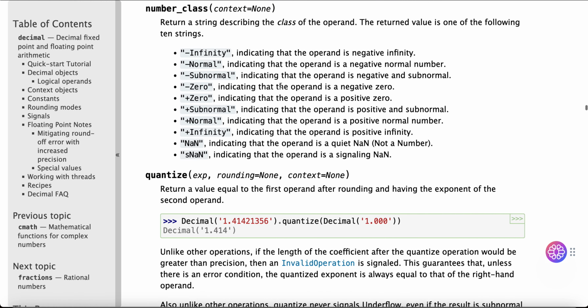number_class, context is equal to none. Return a string describing the class of the operand.